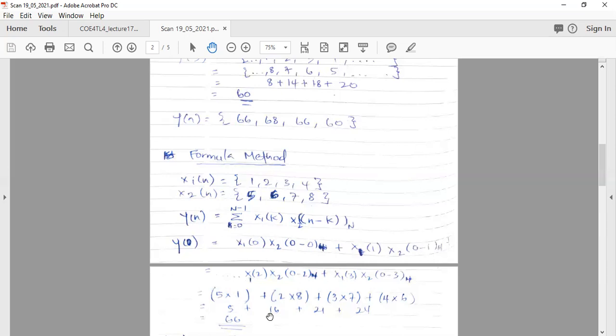Then plus x1 of 1. Based on the series that we have, x1 of 1 is 2. So I write down 2 times x2 of minus 1.